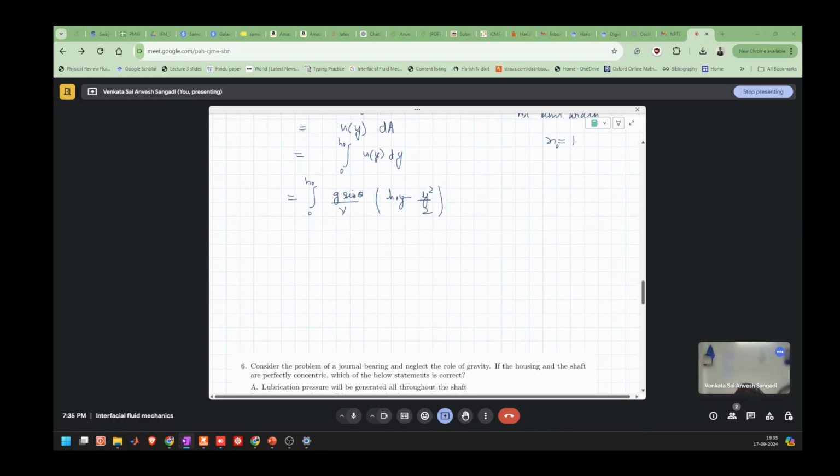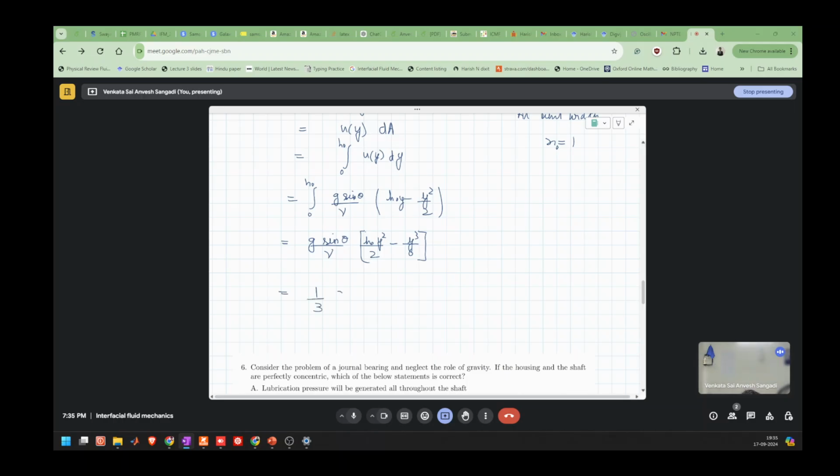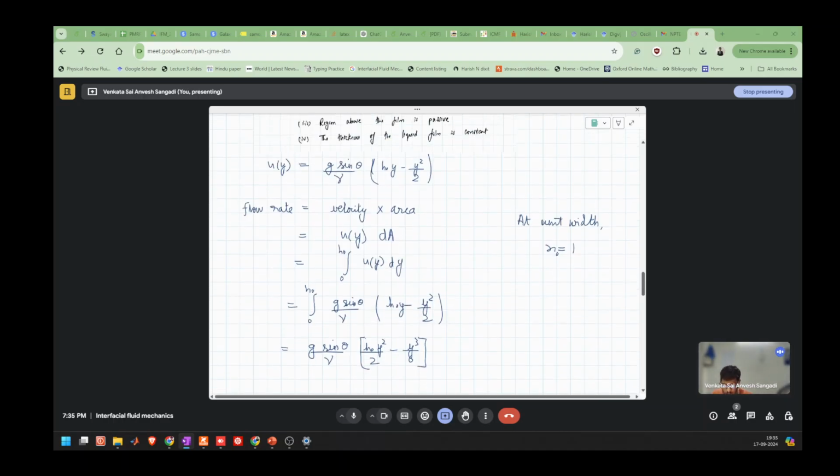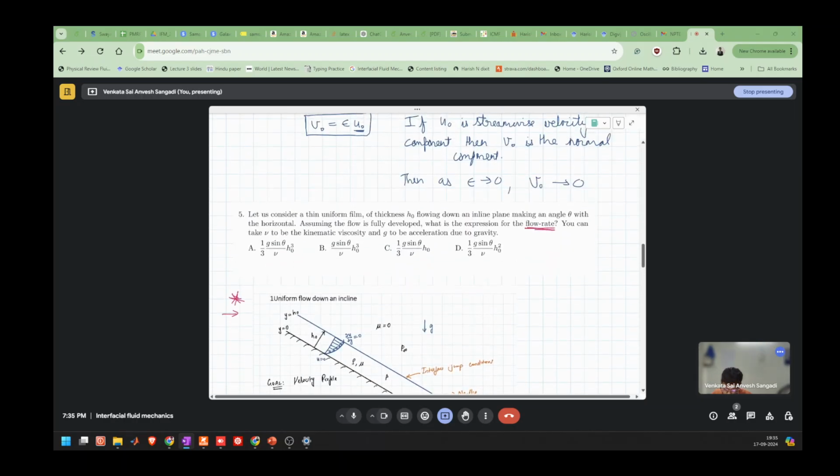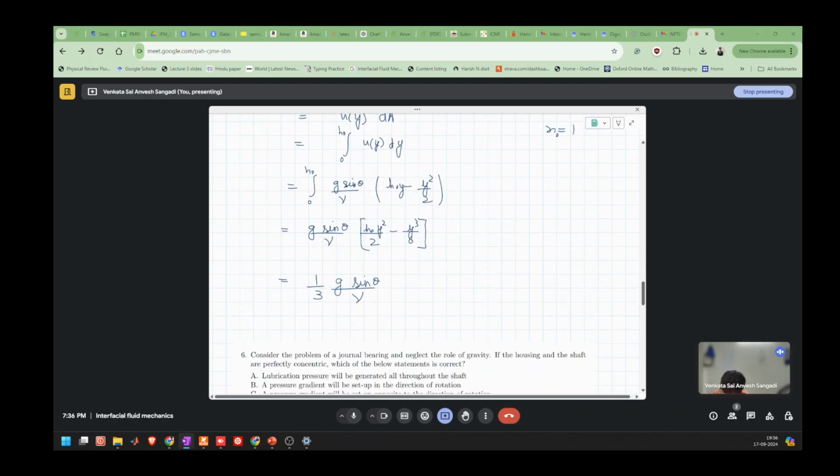So we have g sine theta by nu times h naught y square by 2 minus y cube by 6. This gives us 1 by 3 g sine theta by nu. So the volume flow rate, okay, we missed out the limits, here it is 0, here it is h naught, so it will be h naught cube.